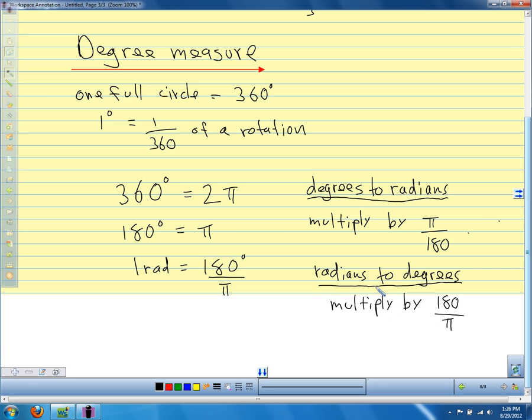So if we have degrees and want to convert to radians, we multiply by pi over 180. If we have radians and want to convert to degrees, we multiply by 180 over pi.